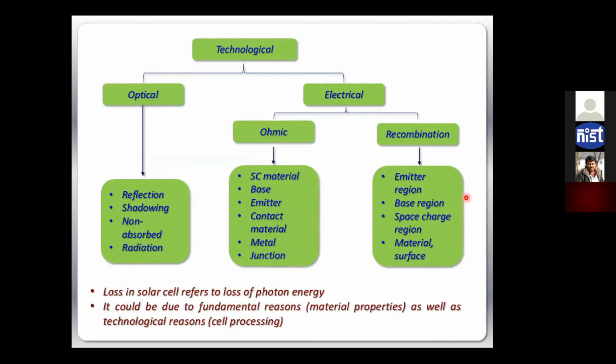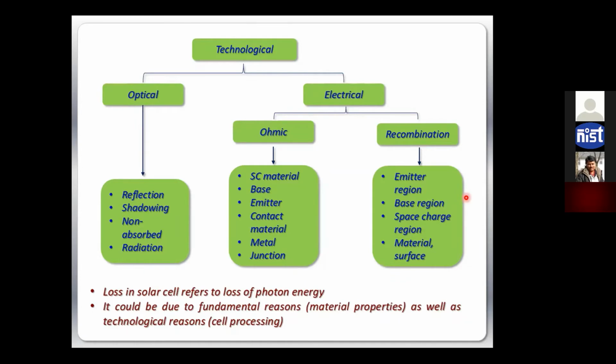Those technological losses come in terms of optical losses or electrical losses. What are those optical losses? Like reflection from the surface, from the glass, the surface of the module, shadow effect from the contacts, non-absorption of some photons, radiation loss. And the electrical loss can come in terms of ohmic and recombination loss.